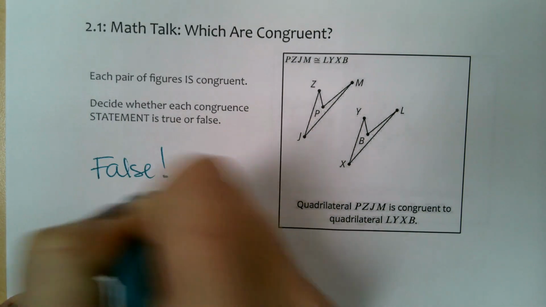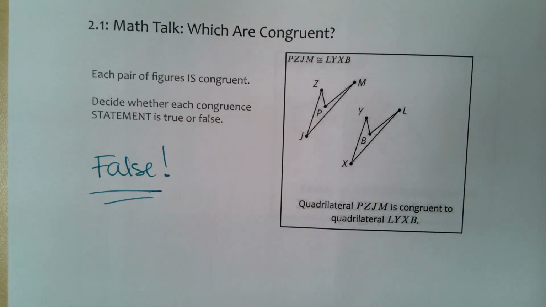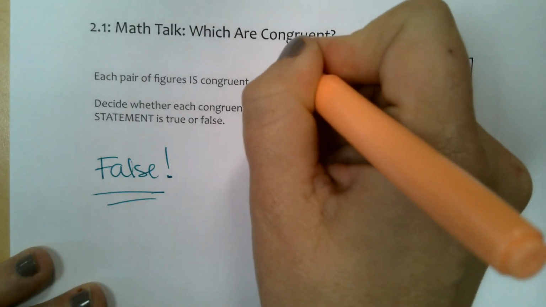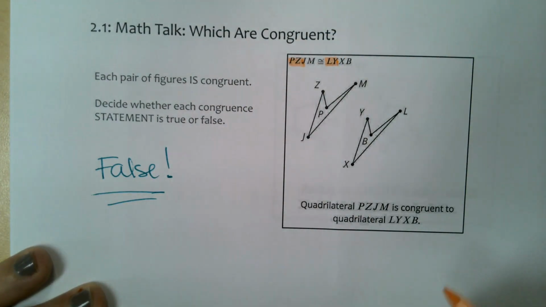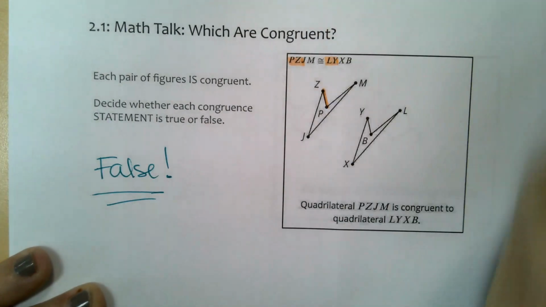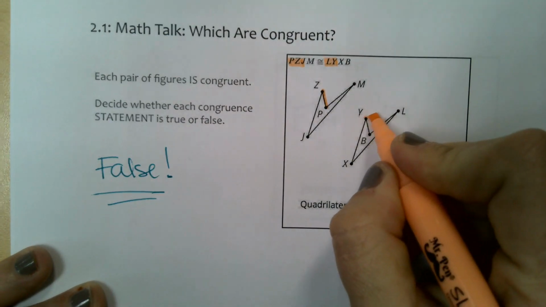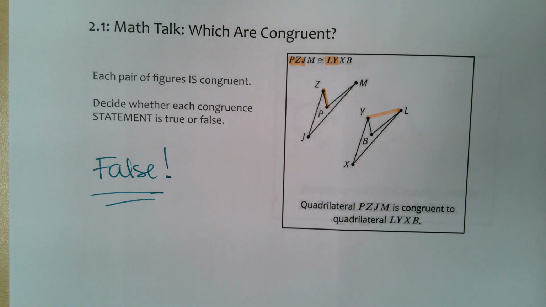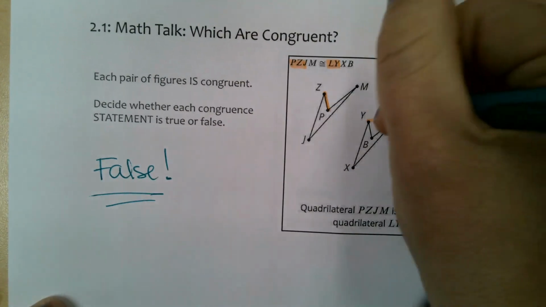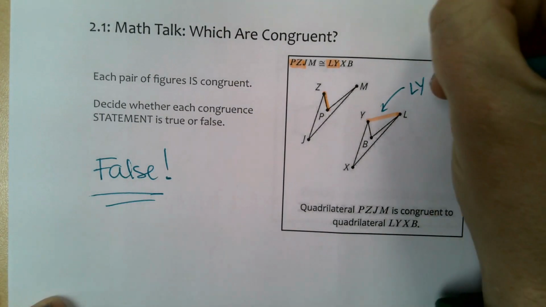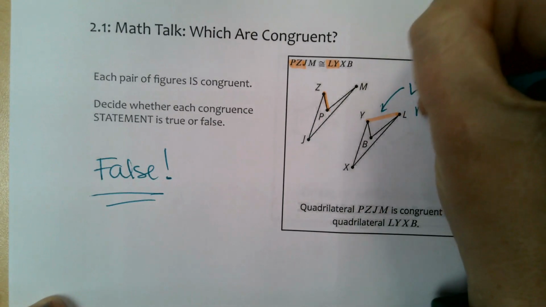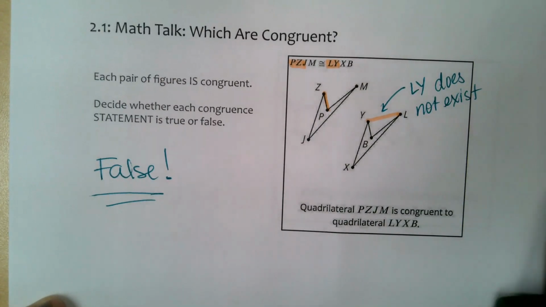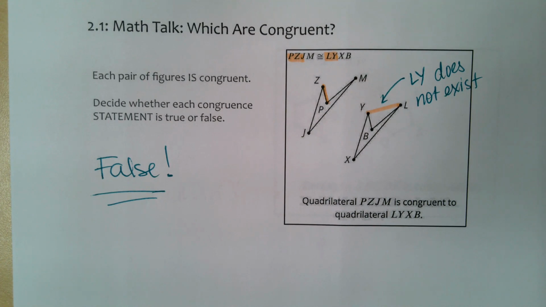This one is false, okay? And how we can check it, I'm basically going to do the same thing I did on the last one. Here is PZ, and what the heck? LY, that's not even part of the shape, okay? So LY doesn't even exist. That one was a little bit easier because it literally is not even a segment on the shape, okay?